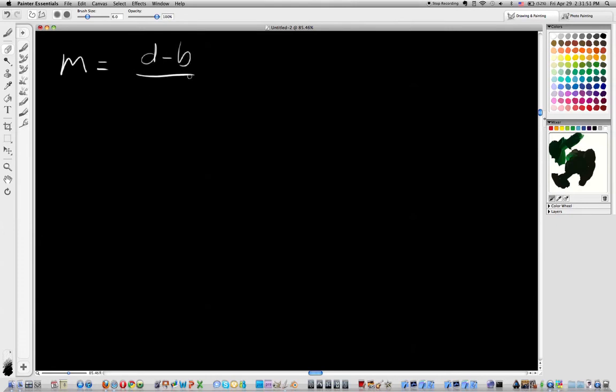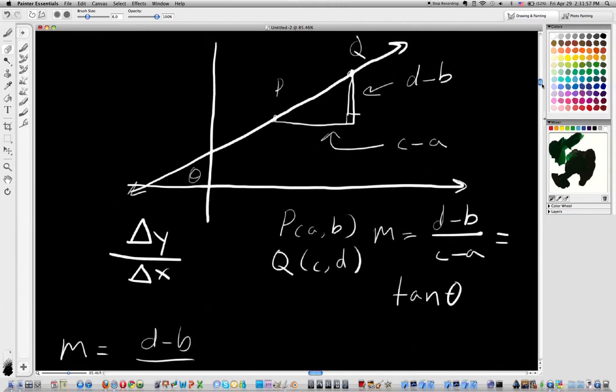Now, does it matter where P and Q are on L? They can be down here, Q can be up here, this could be Q, this could be P, it doesn't matter. It always ends up being tangent of theta.